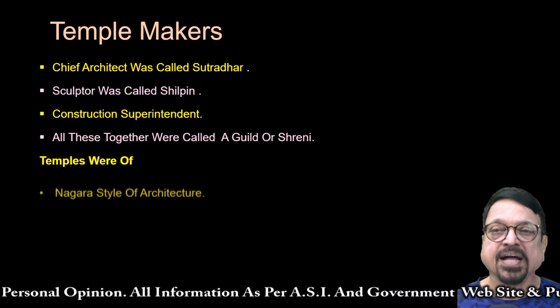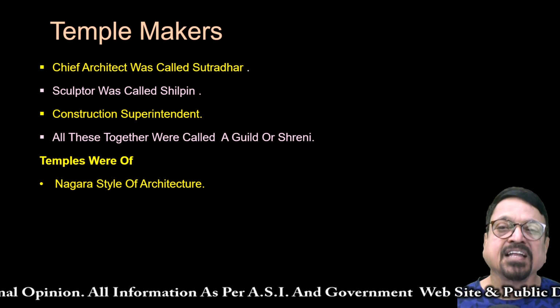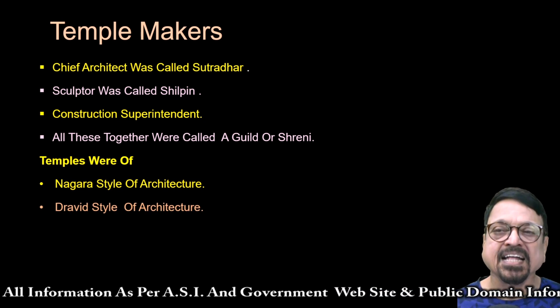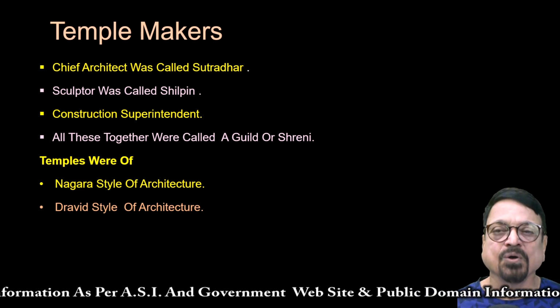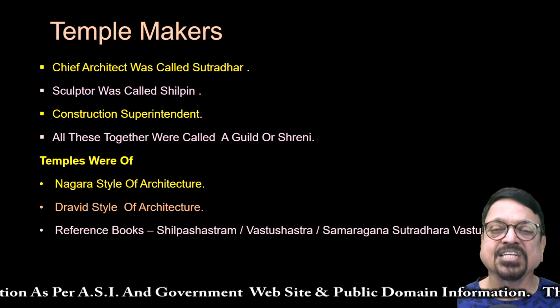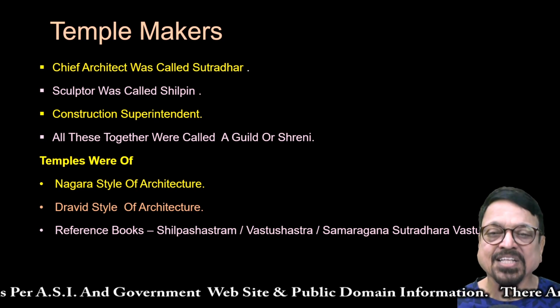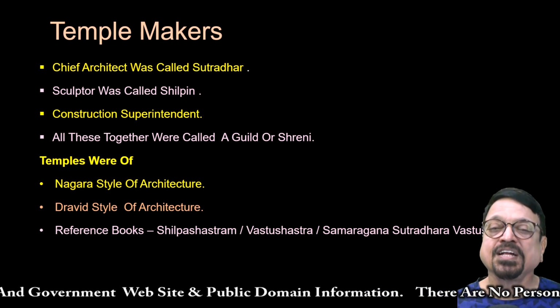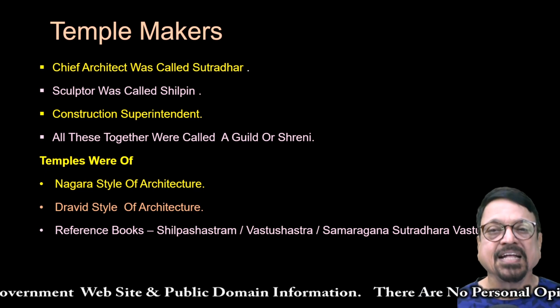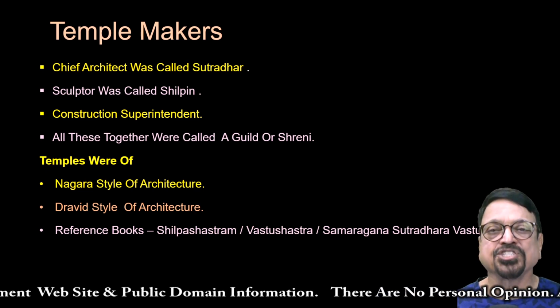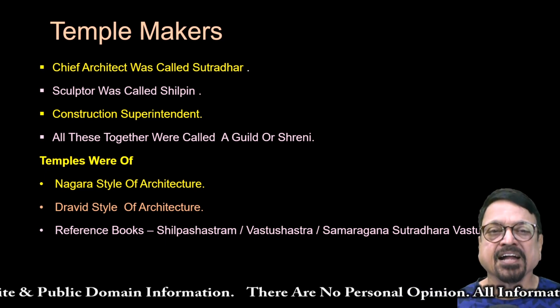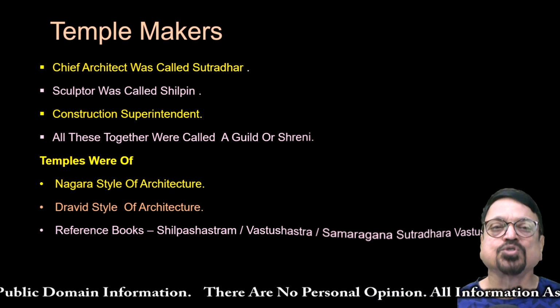The temples were either of the Nagara style, which came from North India, the Dravidian style, which was of South India, or combinations of them made by the Chalukyans, called Chalukyan styles or Vesara. Which were the reference books? Of course, there have to be some. That is the Shilpa Shastra, Vastu Shastra, then Samarangana Sutradhara Vastu Shastra.